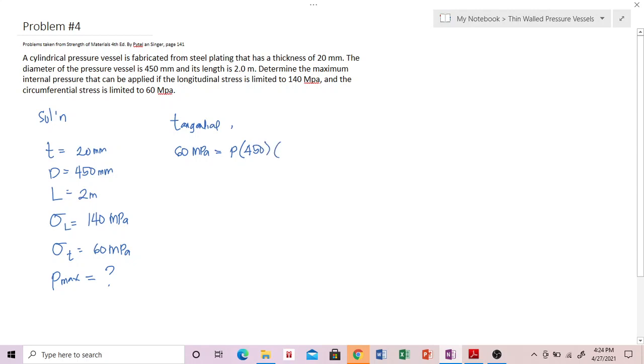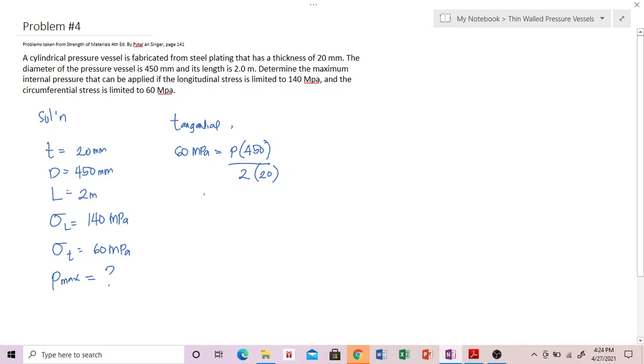The thickness is what? The thickness is 20 mm. Sorry. PD over 2T. Okay, PD over 2 times thickness na 20.